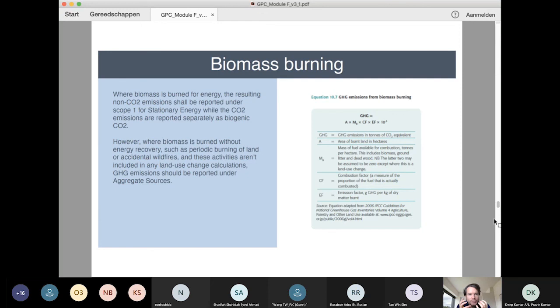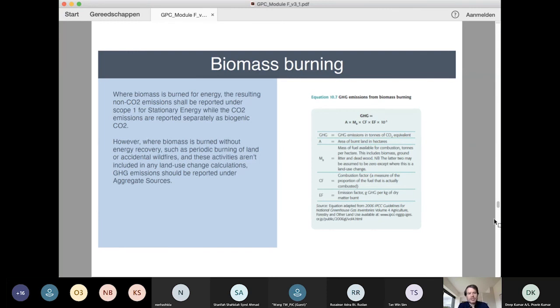So biomass, when it's burned for energy, either in a wood oven or in a biomass incinerator or in a wood fire, if there's a purposeful energy, we report the CH4 and the N2O under stationary energy. The CO2 is biogenic in origin, so we report it separately, and that's captured separately in the Cirrus tool, but they do fall under stationary energy.